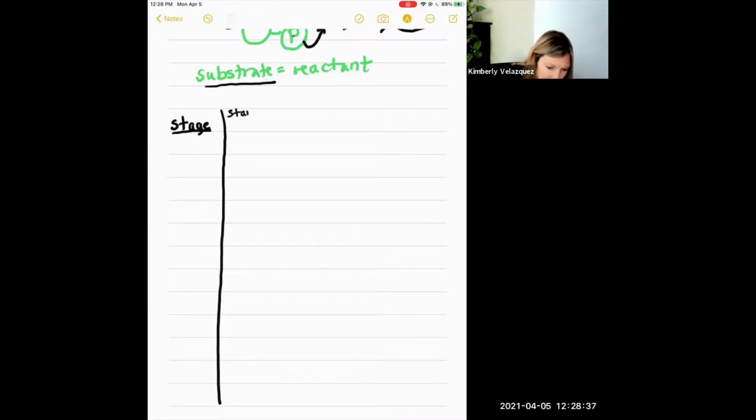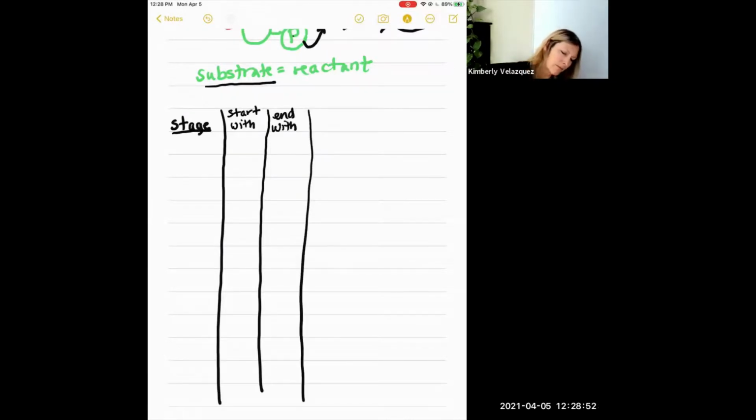Start with, end with. I'm going to skip the where because it can't really fit on this, but I'm going to mention the where. I'm not going to put it on the chart because it doesn't really fit in that place.